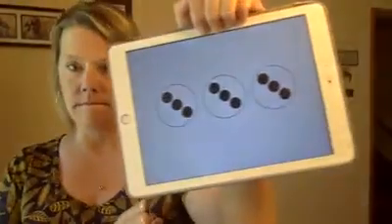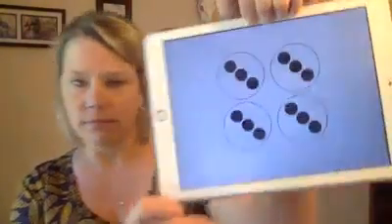Ready? 2 groups of 3, 6. 3 groups of 3, 9, perfect. 4 groups of 3, and that is 12, or 1 ten and 2 ones.